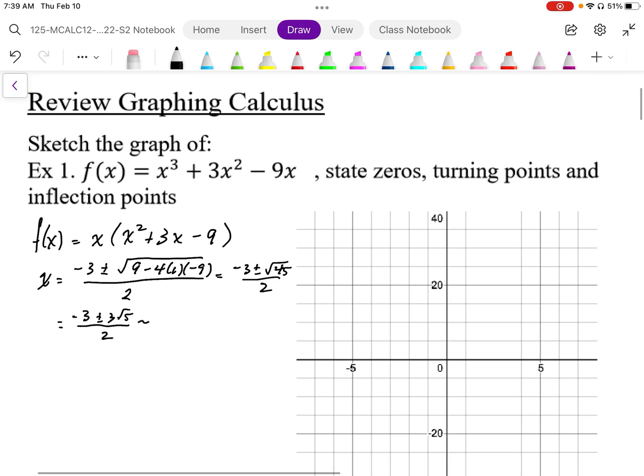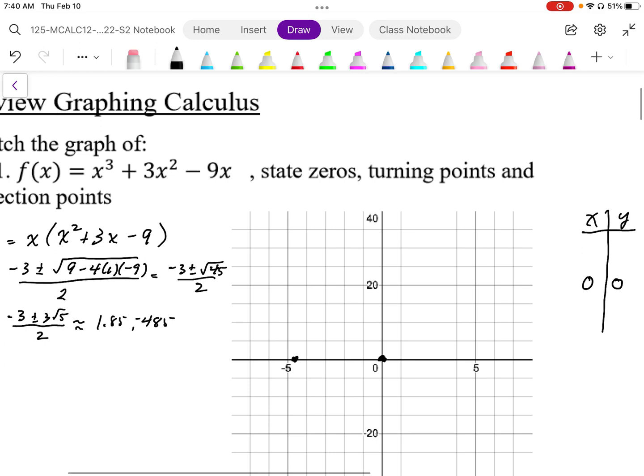Okay, that works out to be approximately 1.85 and negative 4.85. Okay, so I'm going to just draw in some points here. So there's going to be a point here, maybe somewhere around here, and 1.85 maybe somewhere around here. Okay, so those are going to be my zeros.